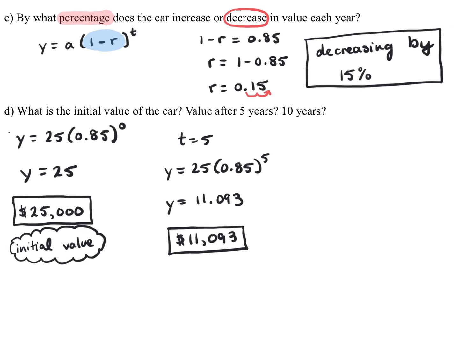And then they also would like the value after 10 years. So that's when t equals 10. So I simply replace t with 10, plug it into my calculator, and I get y equals 4.922. So $4,922.